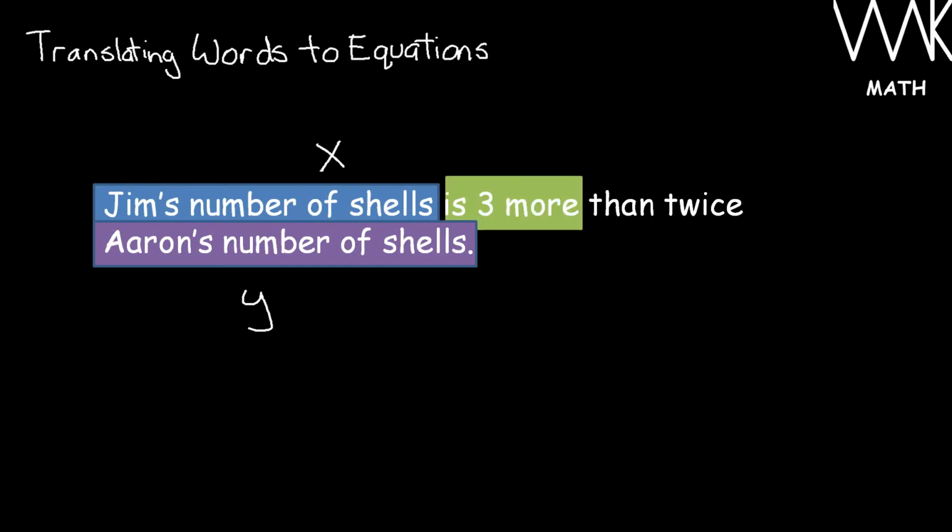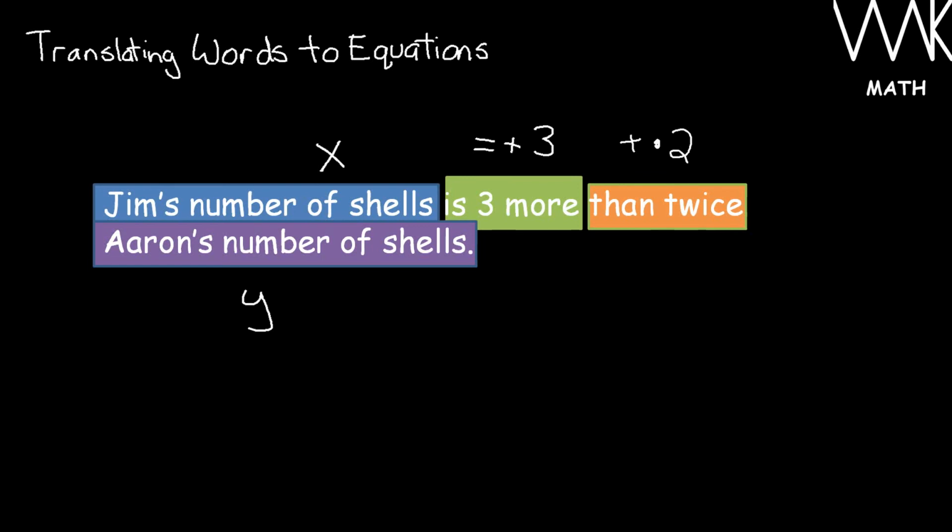Is 3 more than, and then there's twice. So there are actually 2 different operations here. Is 3 more than, so it's plus 3, then twice, times 2. But the times 2 is actually affecting Aaron's number of shells. And we have 3 more means plus 3.